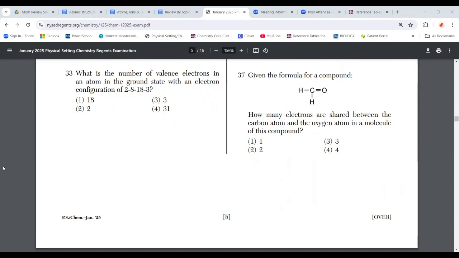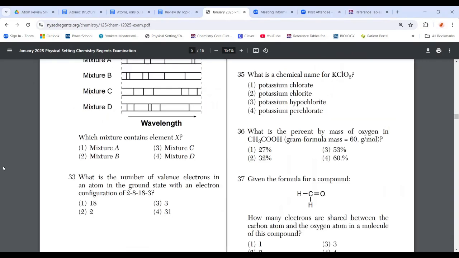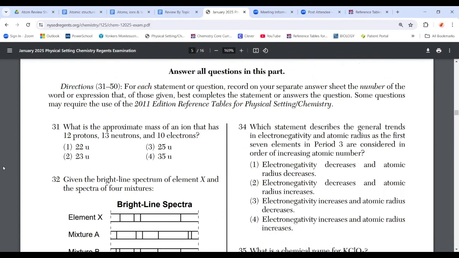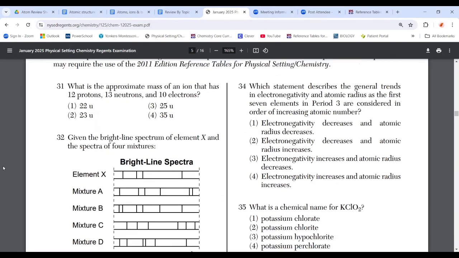All right, now 34. I'm really tempted to loop back for 31 because I feel like I should have put it with this topic. Which statement describes the general trend? Again, you need to know your general trends. There are three of them: electronegativity, atomic radius, and ionization energy.